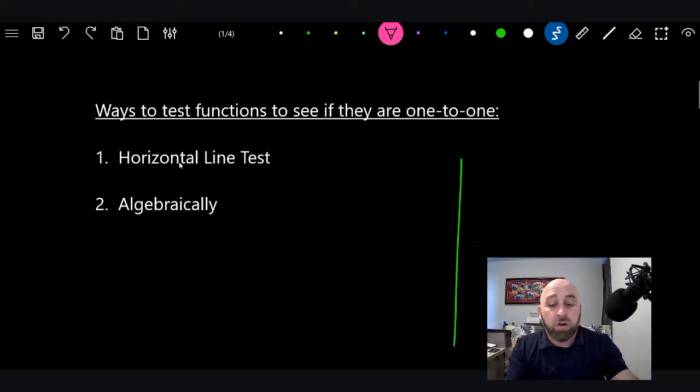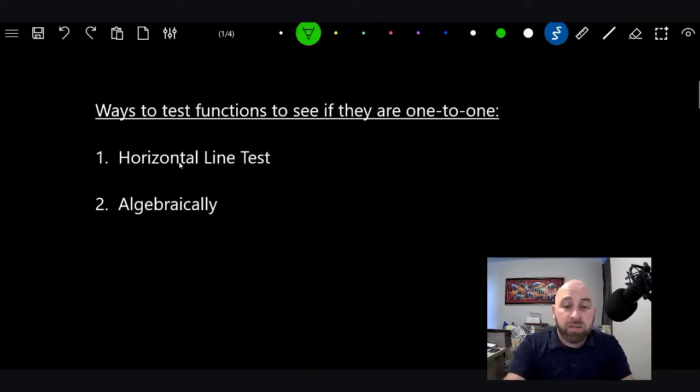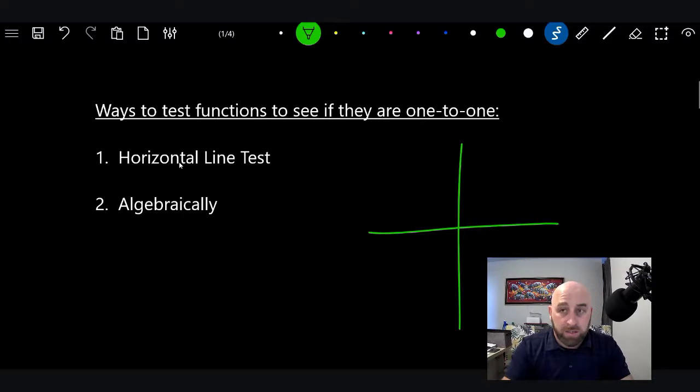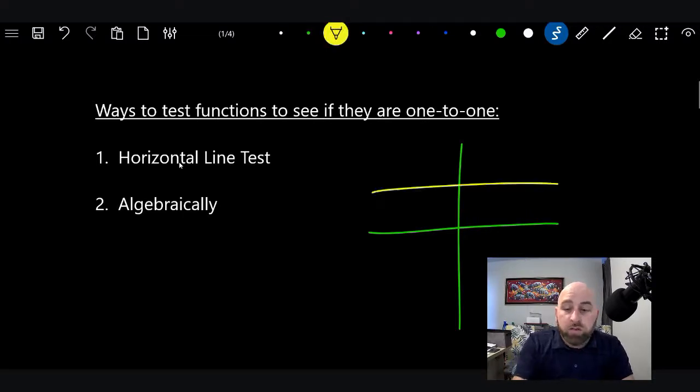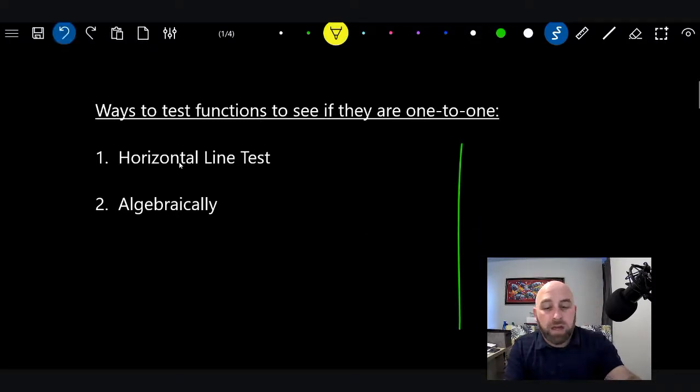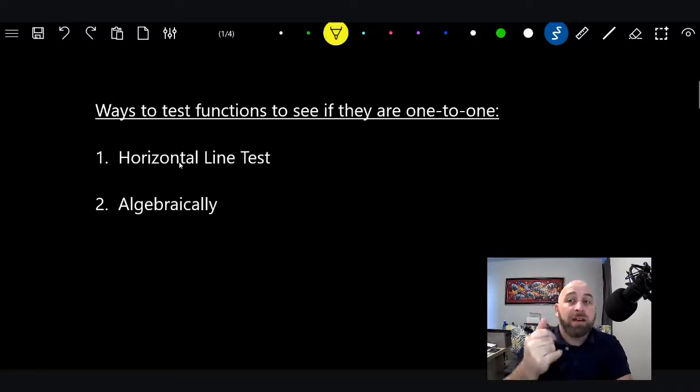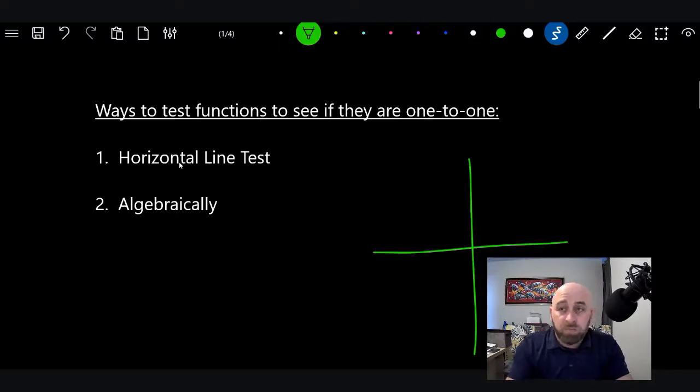So instead of the vertical line test, we are going to use what's called a horizontal line test. Why would we do that? Because we want to find out if the inverse is a function or not. So here's what we do. There's our graph. Here is our line.